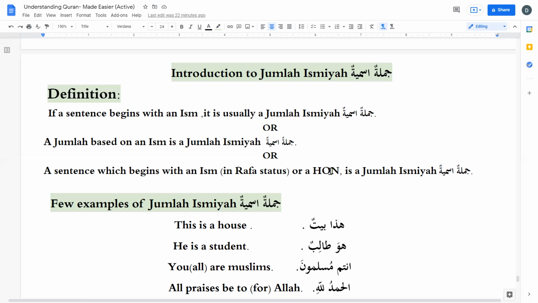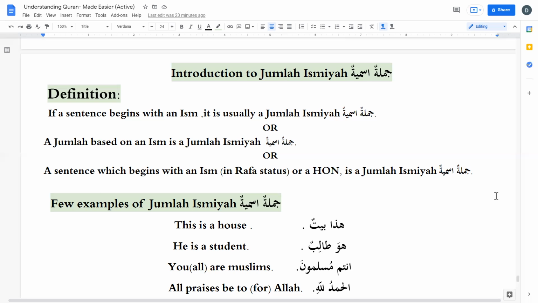So that ism of anna or inna and the harf of nasb becomes the Jumlah Ismiyah mubtada, or becomes the ism. Okay, so just to keep in mind, if a sentence is beginning with an ism which is in Rafa status, or a sentence is beginning with a harf of nasb, then it's a Jumlah Ismiyah.